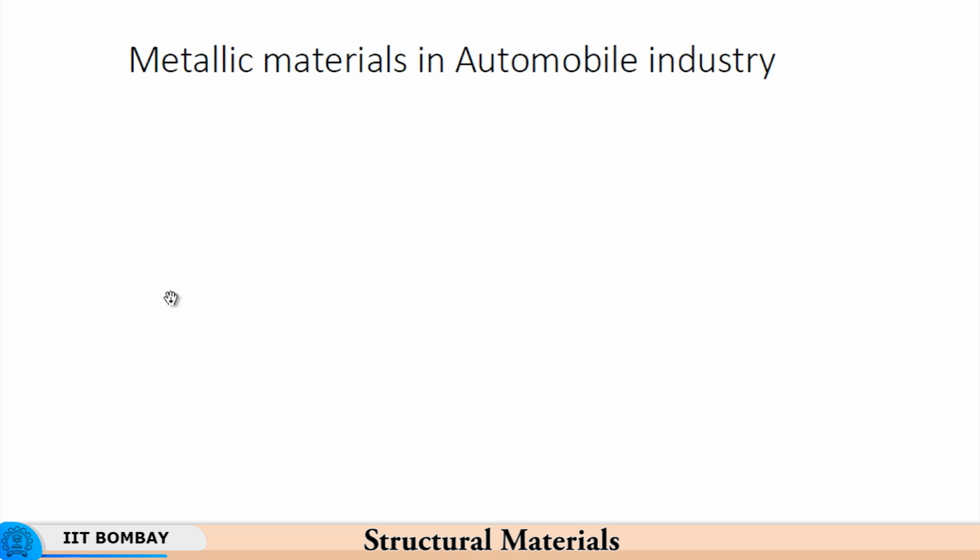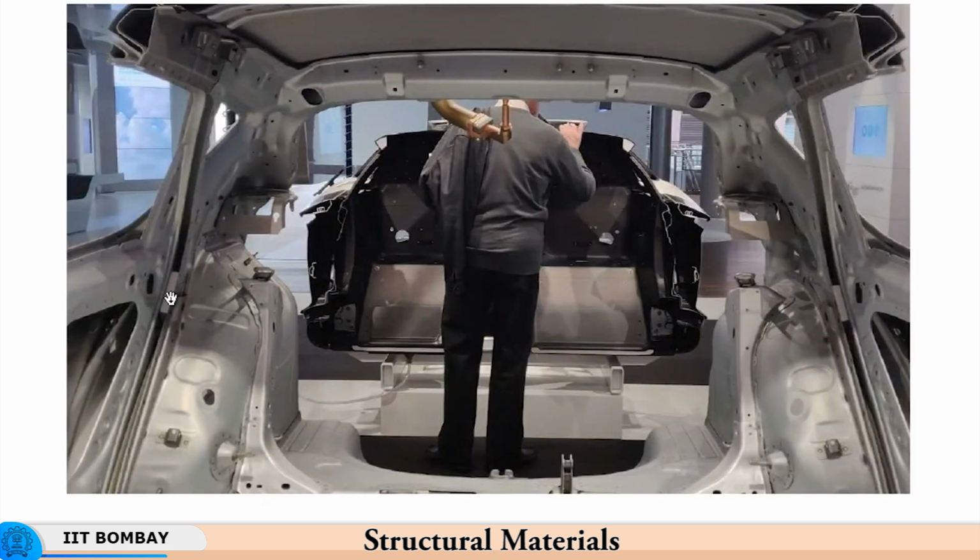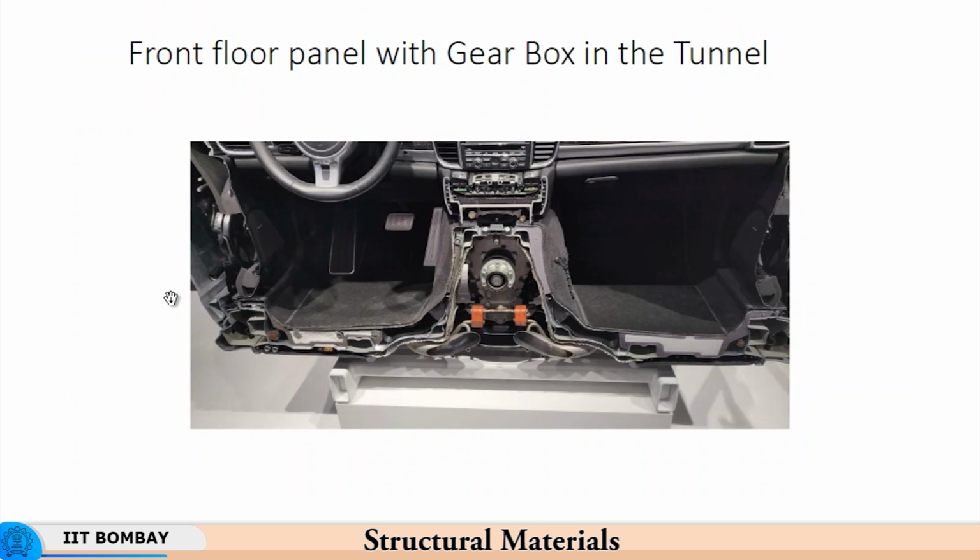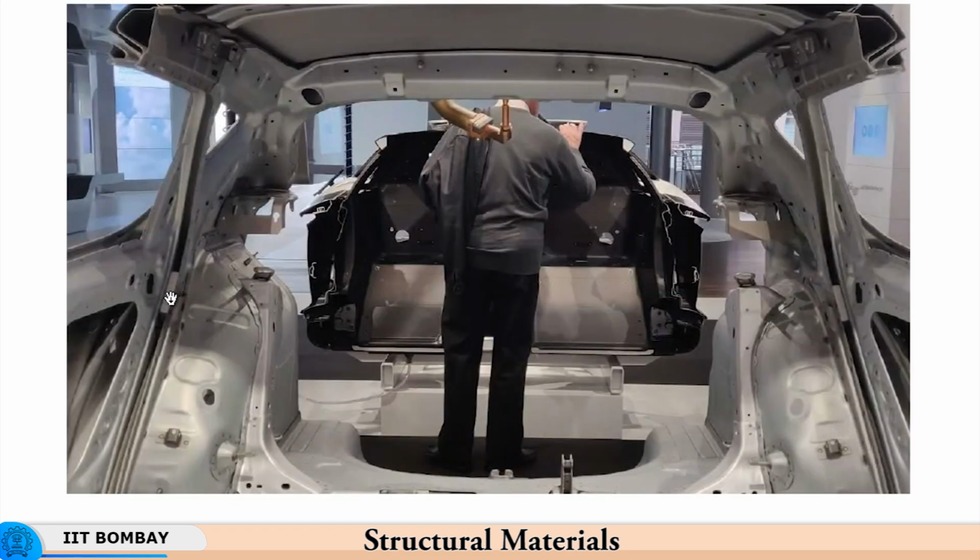If you take metallic materials in the automotive industry, typically automobiles are made of steel, aluminum and lightweight materials, as we just saw, and these materials are not of just one single chemical composition. They are of different grades, and even in an automobile there are different functionalities for each of these.